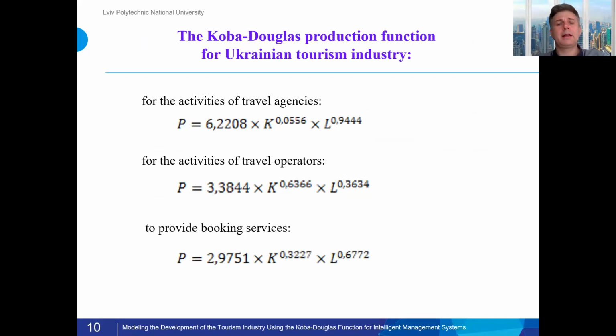And here are the results of our calculations. We calculated alpha and beta coefficients for labor and capital. And here are the functions which we developed.